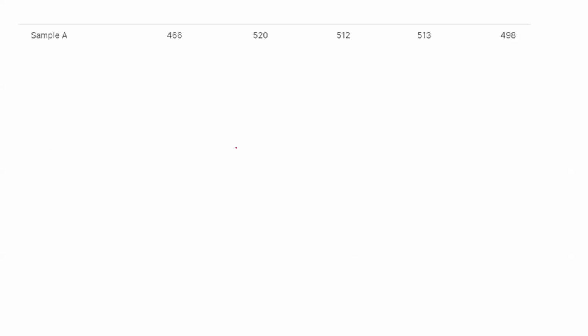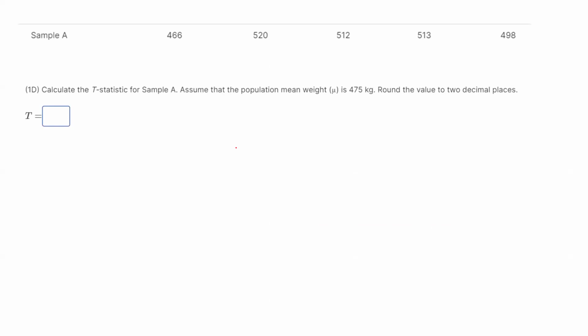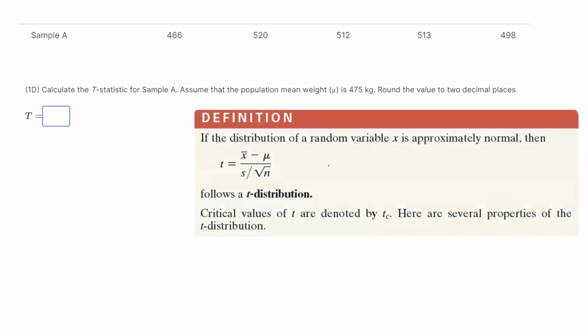Now, you have this sample. Calculate T statistic for the sample. Assume that the population mean is given to you as 475 kilogram. And then round the value to 2 decimal places. So what is T? Remember, the way that we define T is x bar minus mu divided by S over square root of n.